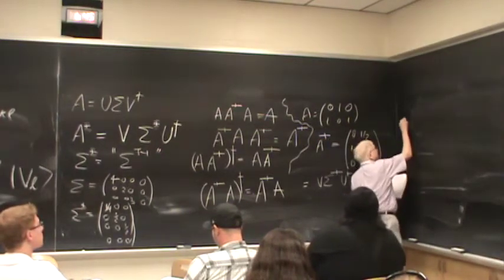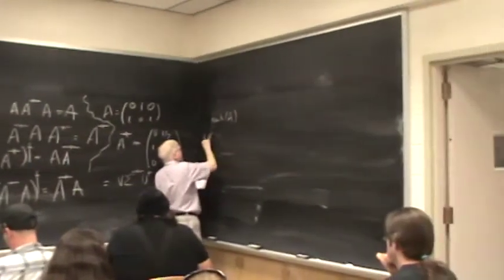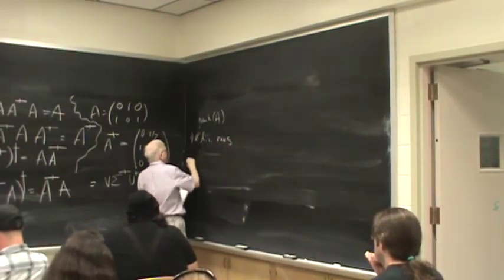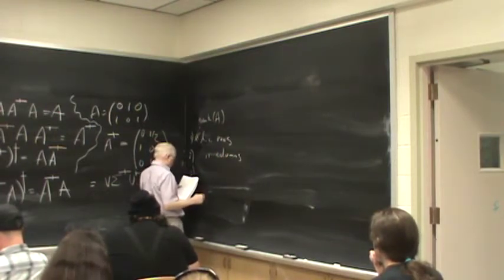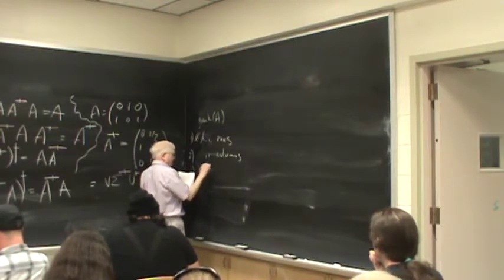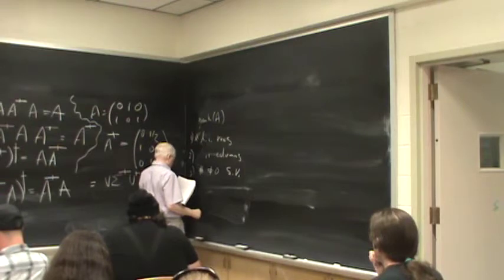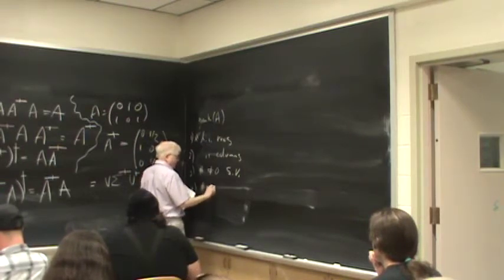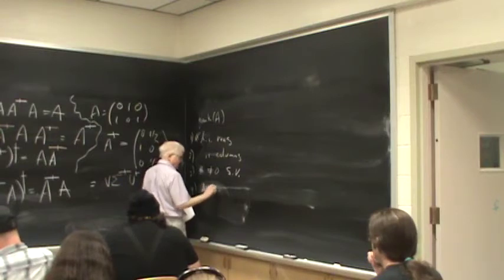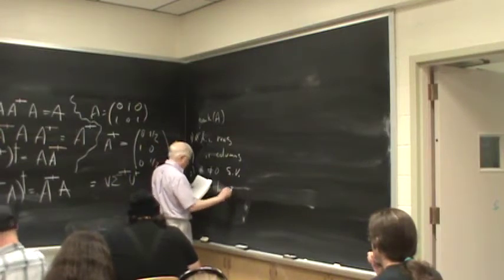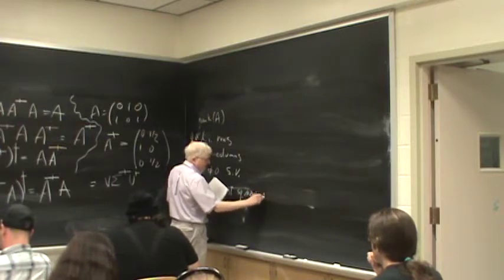So the rank of A is: 1, the number of linearly independent rows; 2, the number of linearly independent columns; 3, the number of non-zero singular values; and 4, the dimension of the biggest square non-singular submatrix.